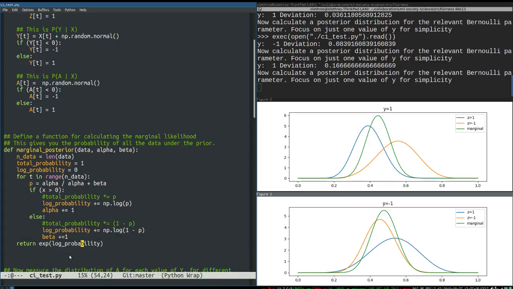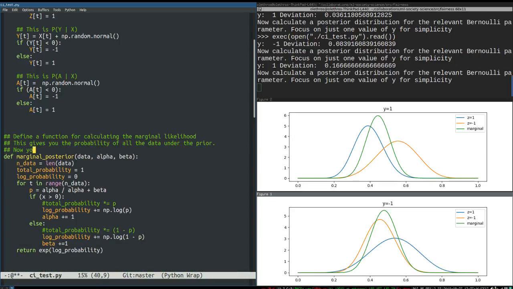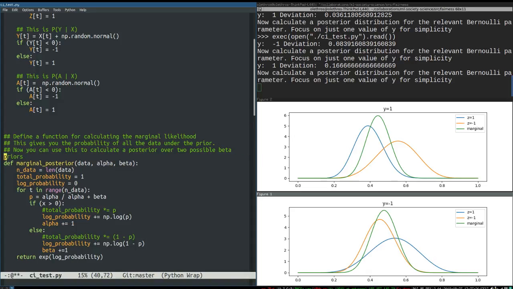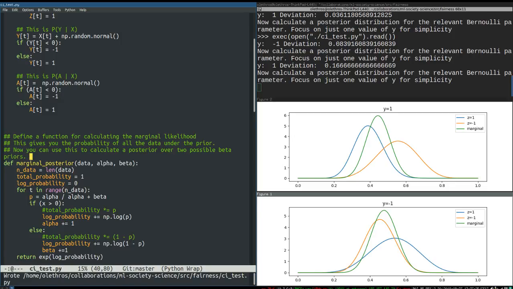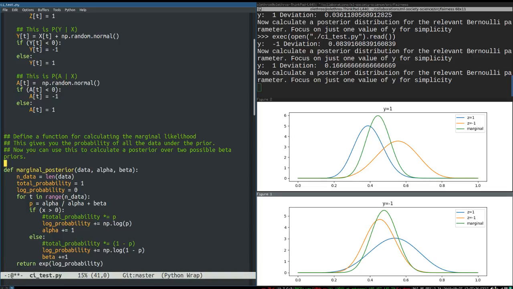Now you can use this to calculate the posterior over two possible beta priors, the posterior ratio. If you have alpha 1 and beta 1 and alpha 2 and beta 2 for two possible models, remember, the probability of the model given the data is basically the probability of the data given the model.